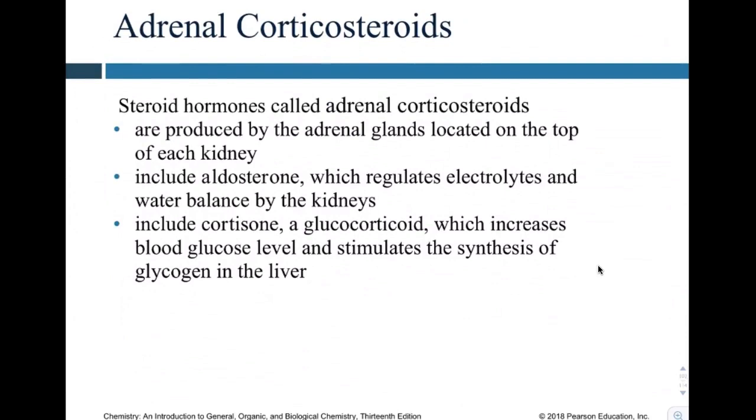Corticosteroids are ones that you may actually be prescribed. If your doctor is prescribing you a steroid, it's typically a corticosteroid. We produce our own corticosteroids, but sometimes we need a little help.